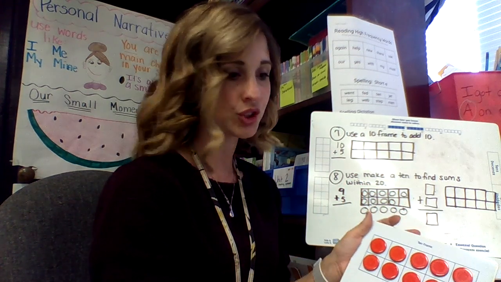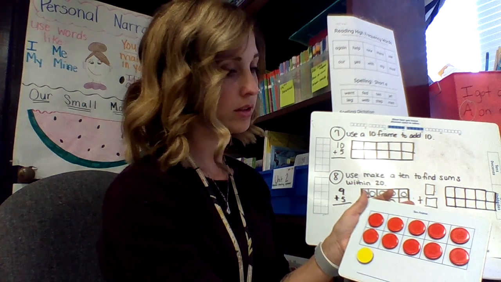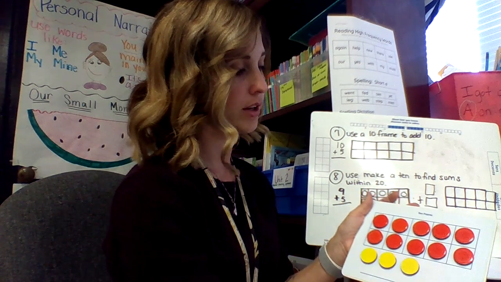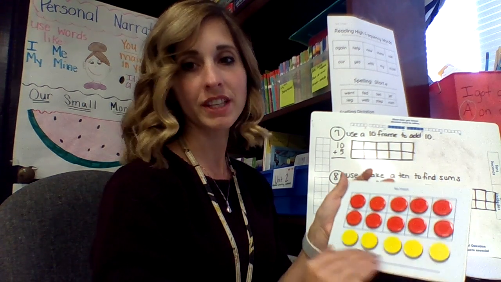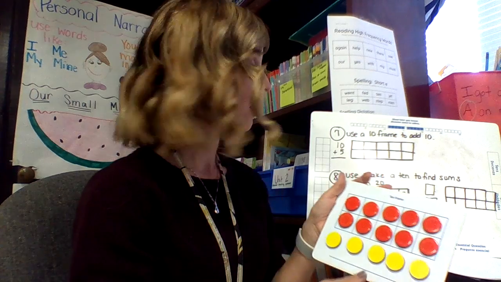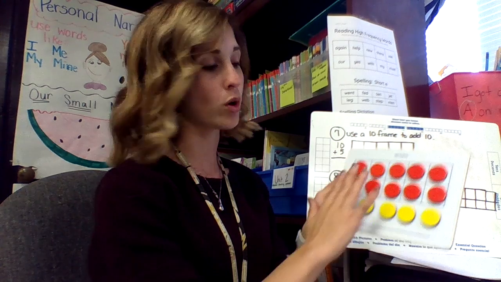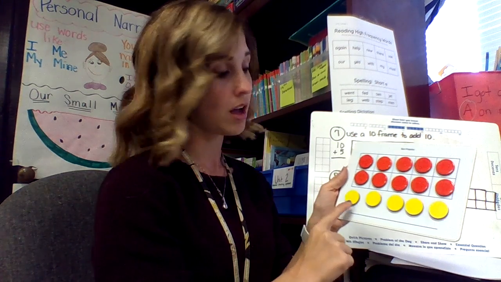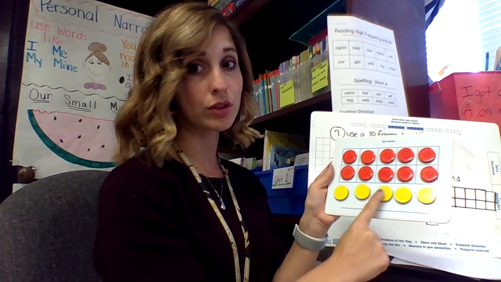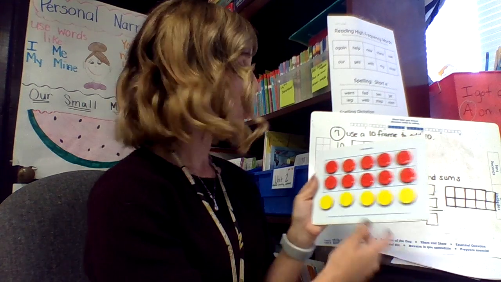So with that, I'm going to use yellow. So they're going to have 1, 2, 3, 4, 5. I call this the parking lot. This is just where the extra pieces go that don't have a spot on the 10 frame. So we know our number is going to be larger than 10. What's nice about this is if we have 10, we should be able to start with a larger number of 10 and count on 5 more. So they should be able to say 10, 11, 12, 13, 14, 15. So 10 plus 5 would be 15.